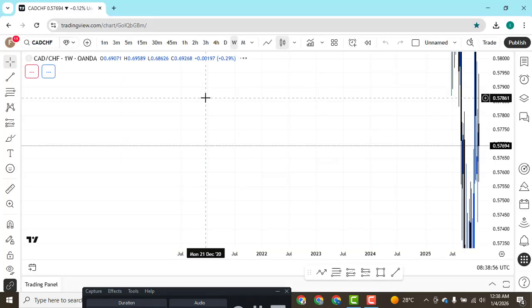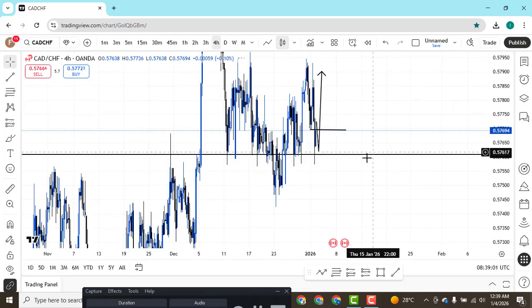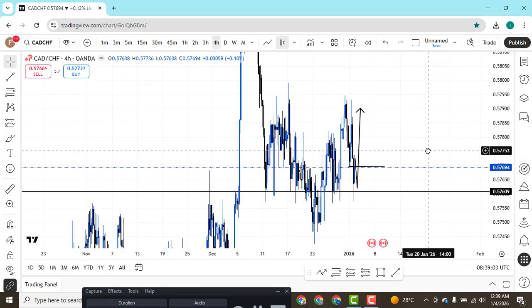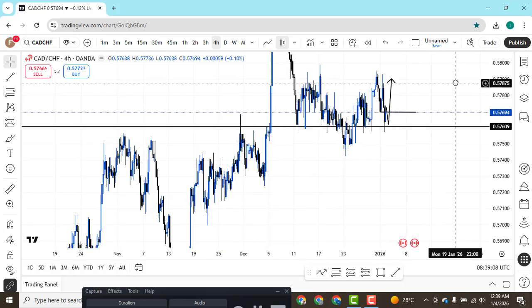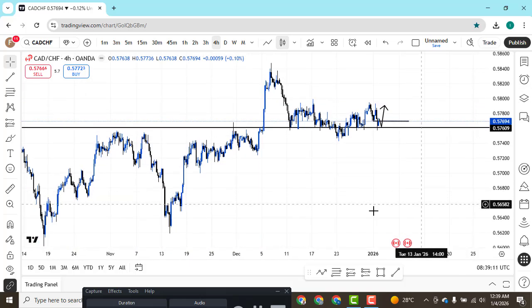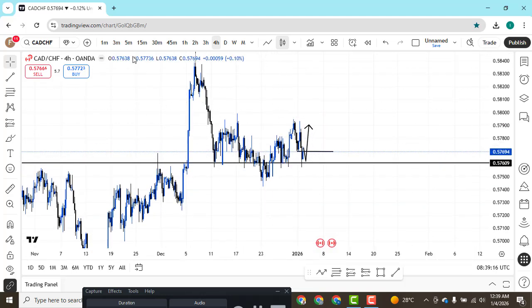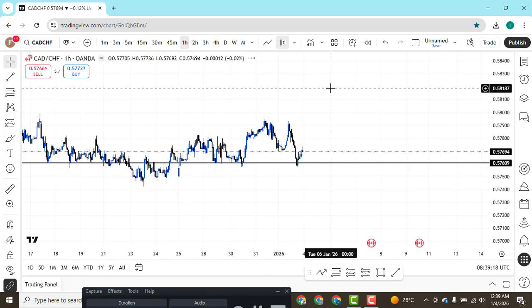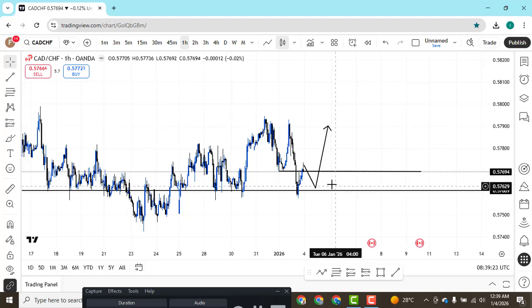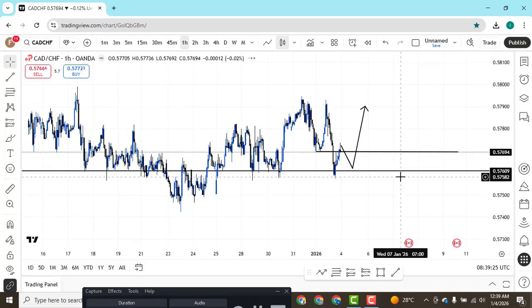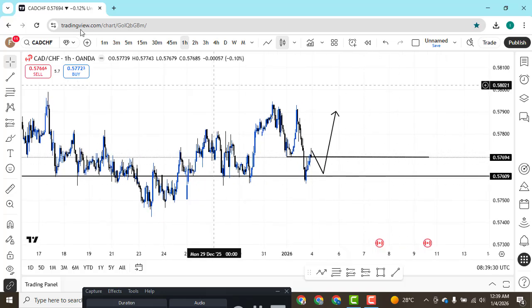Why I don't like CADCHF is because it used to be very slow. For me, I don't trust it. This analysis looks good though. Okay, let's trust it. It's on a support level. But for me, I'm not confident to take this trade. I will not advise you to do so.